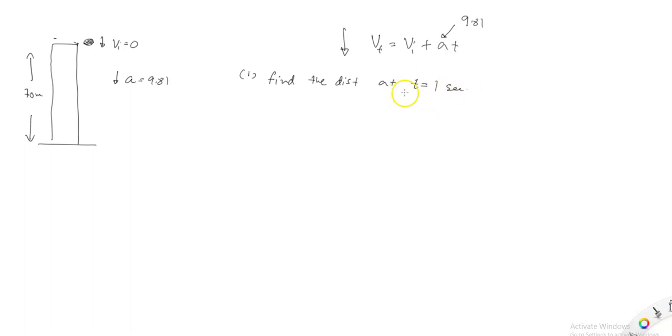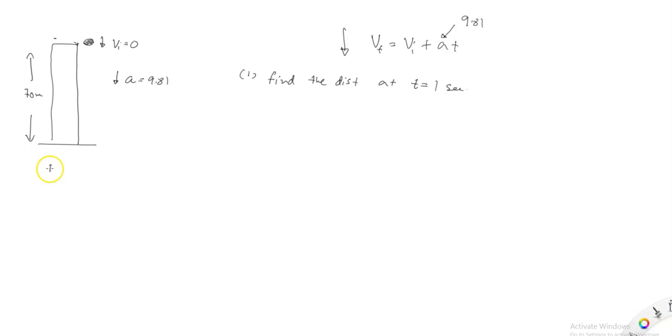For these kinds of problems, for any kind of problem, we need to define our starting point. If it is a vehicle moving on a road, we have a starting point. We define an origin. This is where we start, where we're going to measure the distance from. Same thing here. If you drop something from the top of a building, it's a good idea to take your starting point as the top of the building.